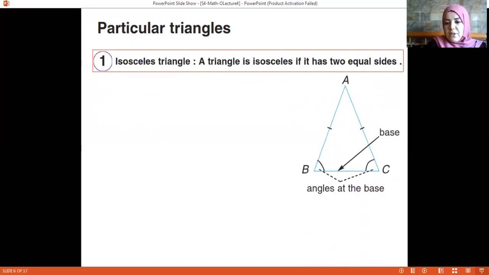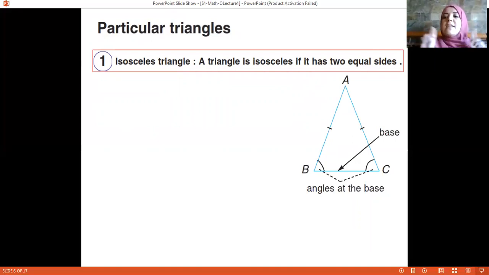If you look at this figure, we have the triangle ABC. It's coded that the side AB is equal to the side AC, and those angles that are on the base are also equal. So angle ABC is equal to angle ACB. Necessarily it's an isosceles triangle: two sides are equal and two angles are equal.